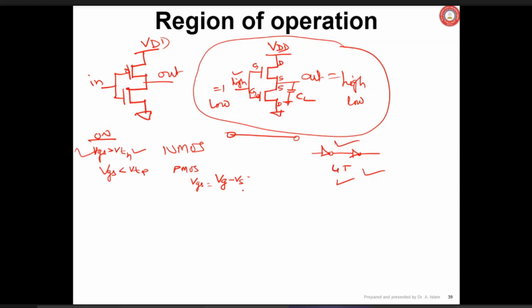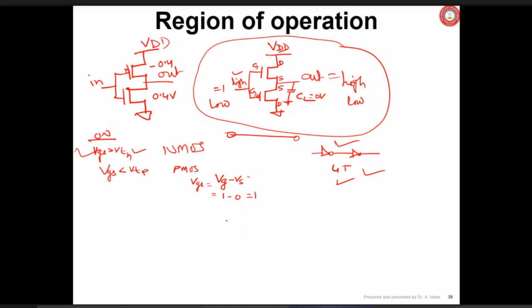So for NMOSFET, VGS is what? 1 volt minus, initially I have said it is 0 volt across this CL. So initially VGS equals 1 volt. And VTN we are always taking as 0.4 volt.